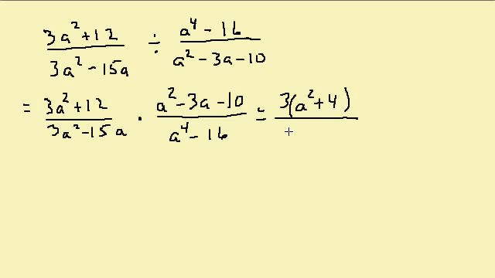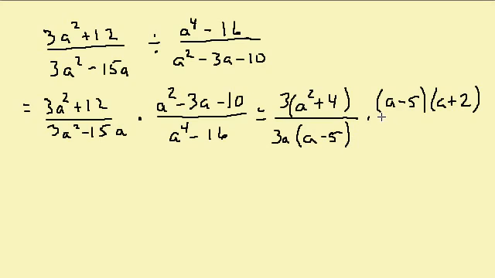Over, here I can factor out a 3a, and I'm left with a minus 5, and here this factors into a minus 5 times a plus 2, and the a to the 4th minus 16 factors into a squared minus 4 times a squared plus 4.